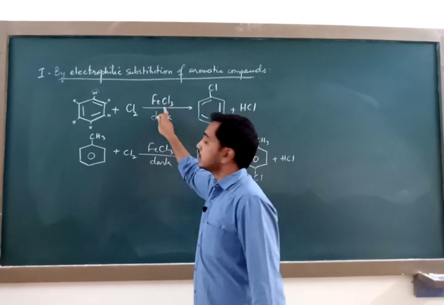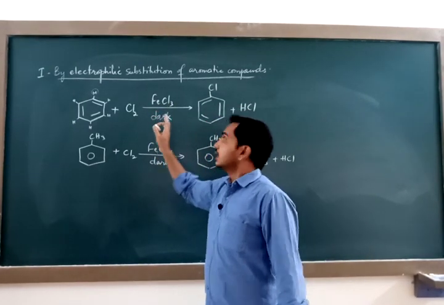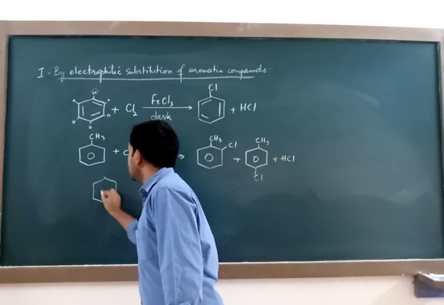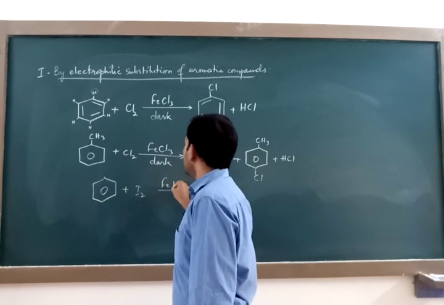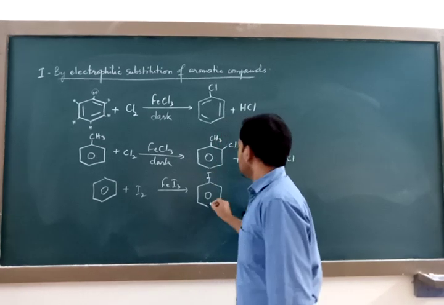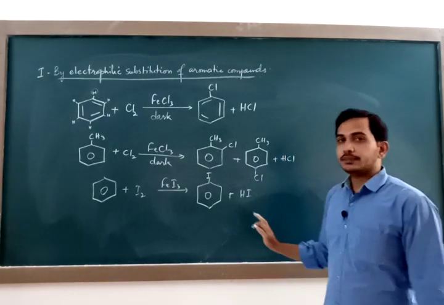In place of FeCl3, you are supposed to use ferric iodide, FeI3. I'll write a rough reaction. If benzene is reacted with iodine in the presence of FeI3, then you are supposed to get iodobenzene plus HI. This is the preferred reaction.